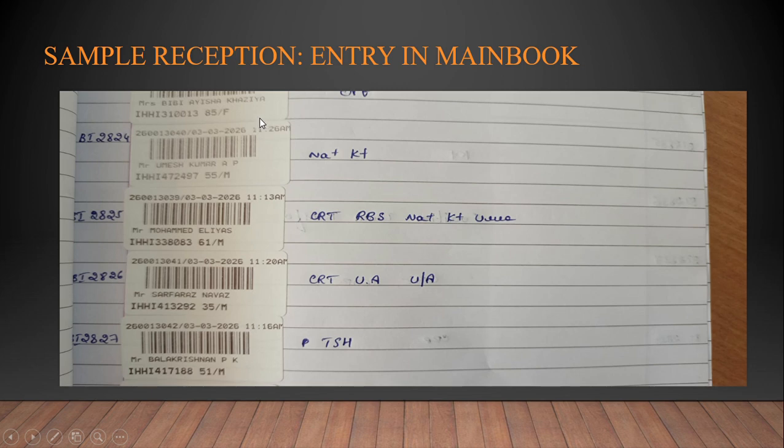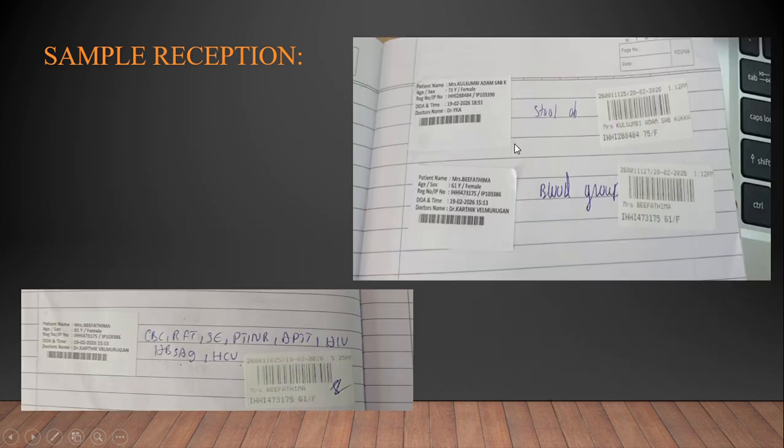one more thing we need to do is, once that is done, we take a barcode, put it in our main sample reception book and write down what the tests are. Now this is very important because this will show the date and time at which the sample has come to us. This is the book where, from the wards and all, they bring it, where the patient name and other things are entered and what test has to be done is entered.